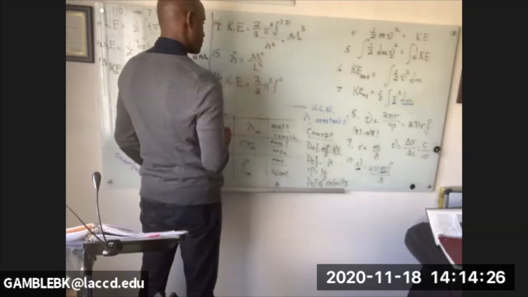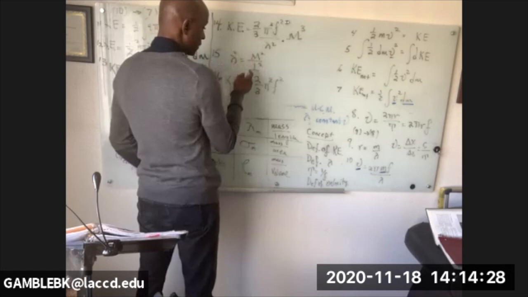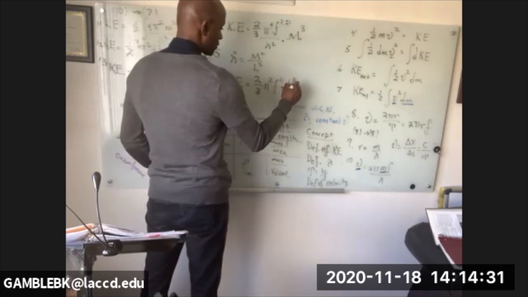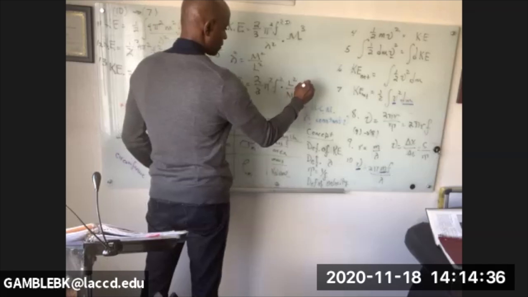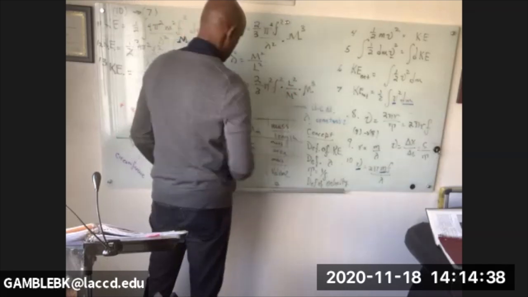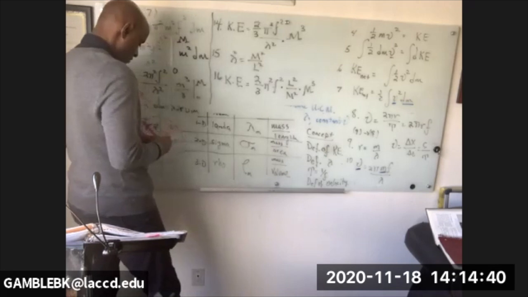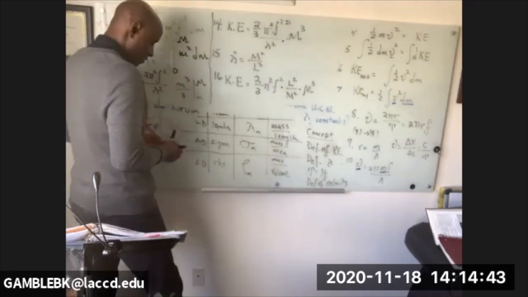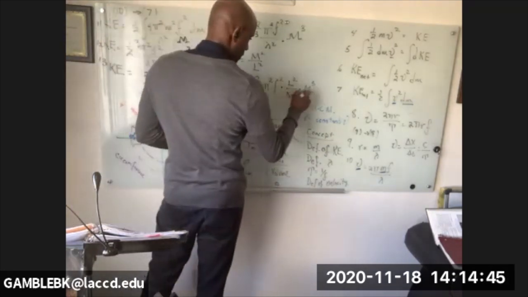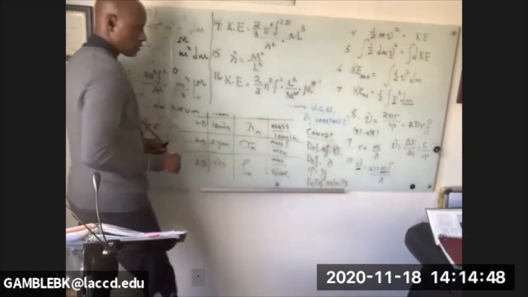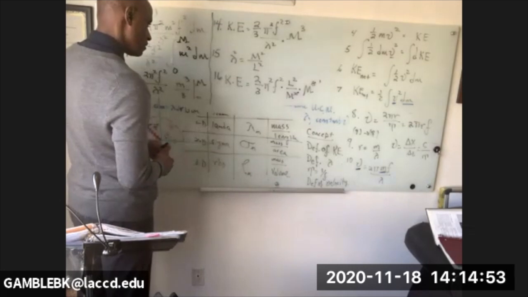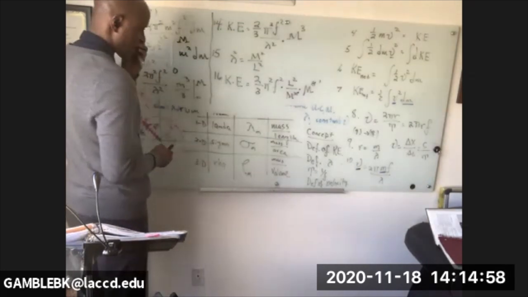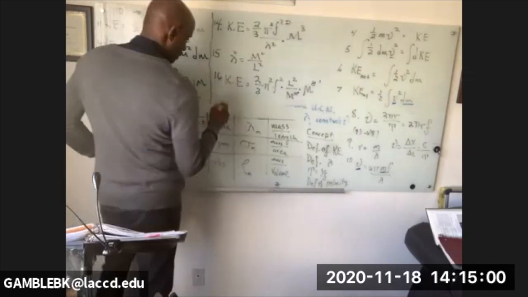Now 1 over lambda squared, if lambda is equal to M over L, is the same as L squared over M squared. And I still have this M cubed out here. So M squared goes into M cubed once, leaving M. You know what I'm trying to say. And that's it. That's what I need. That's going to give me the answer in terms of given quantities.